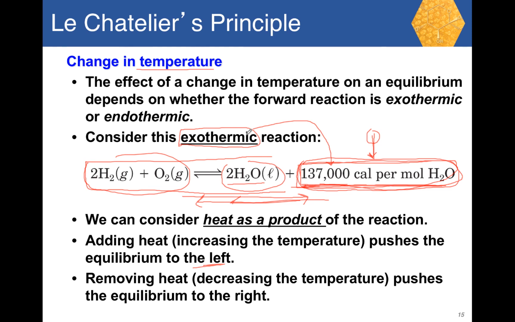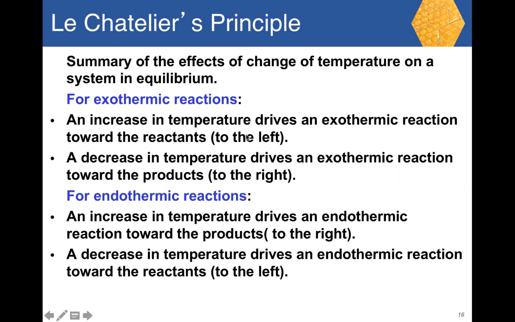As you can imagine, the endothermic reaction is the opposite. Remember, an endothermic reaction means adding heat to the reaction to get it going. It does not produce heat. You have to add heat to it, adding to the reaction.